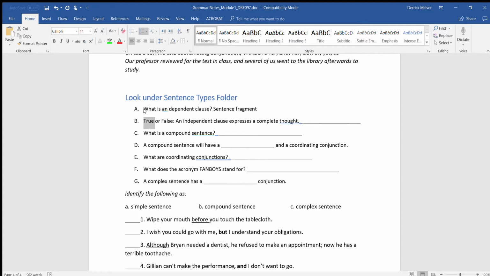Independent means it can stand on its own. Okay? And so an independent clause expresses a complete thought. An independent clause is a complete sentence. Okay? A compound sentence is two sentences joined with a comma and one of the fanboys.